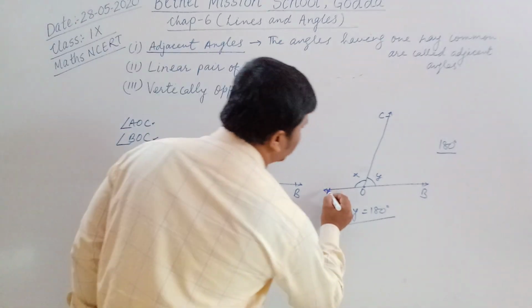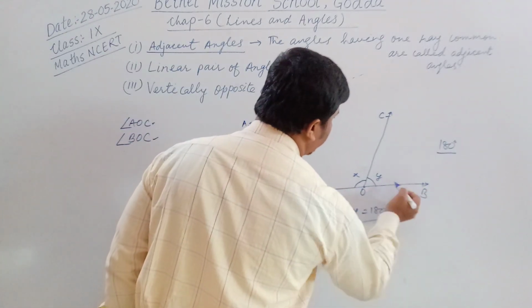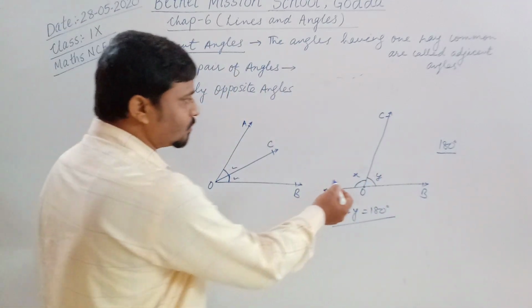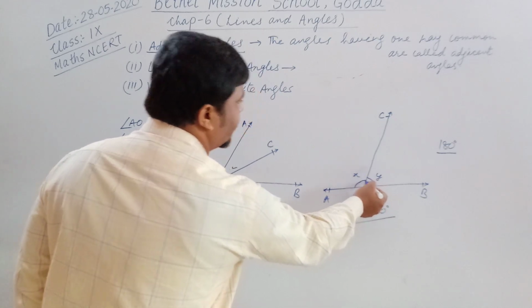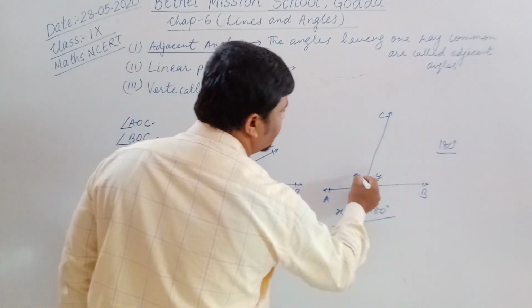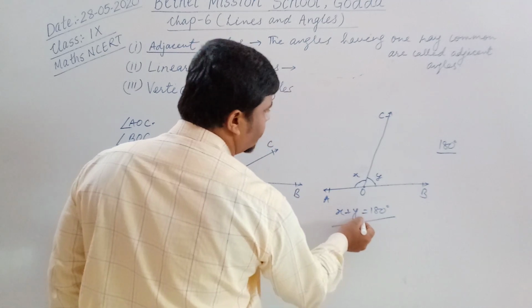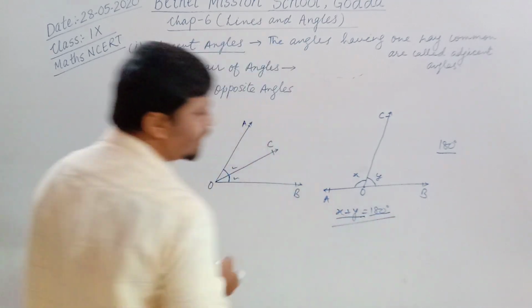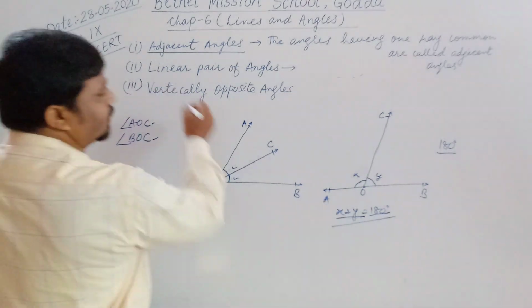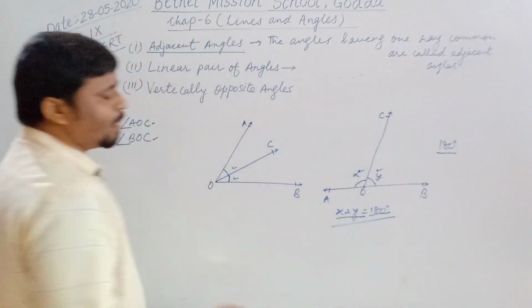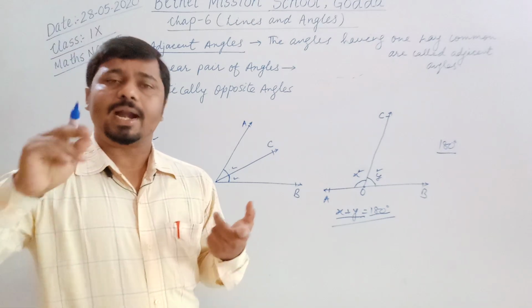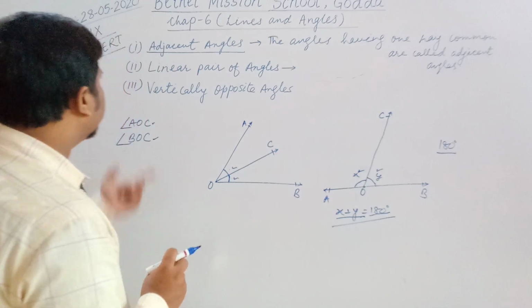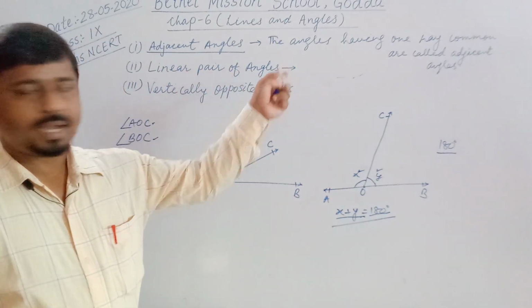Linear means you can see this is a straight line, and on one side of the straight line there is 180 degree, and that 180 degree is divided by this ray into X and Y, because after adding both the angles we get 180 degree. So a pair of adjacent angles whose sum is 180 degree is called a linear pair of angles.